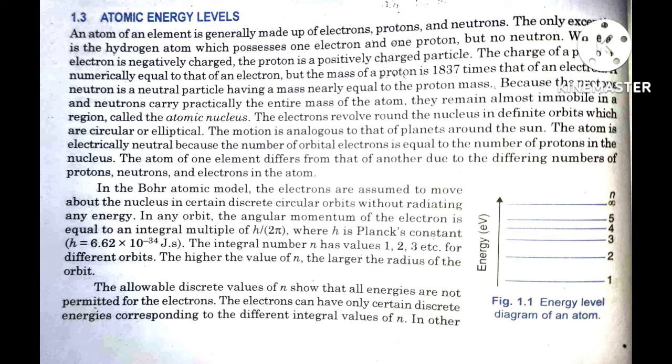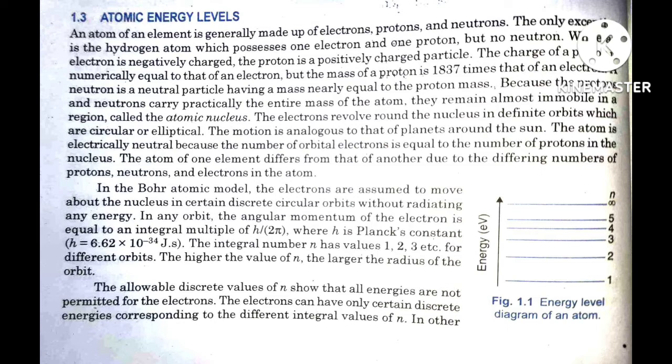While an electron is negatively charged, the proton is a positively charged particle. The charge of a proton is numerically equal to that of an electron, but the mass of a proton is 1837 times that of an electron.